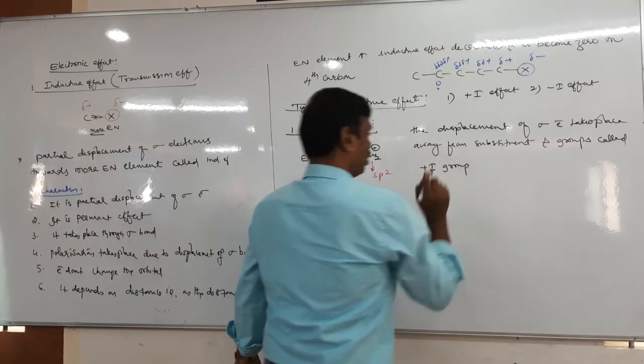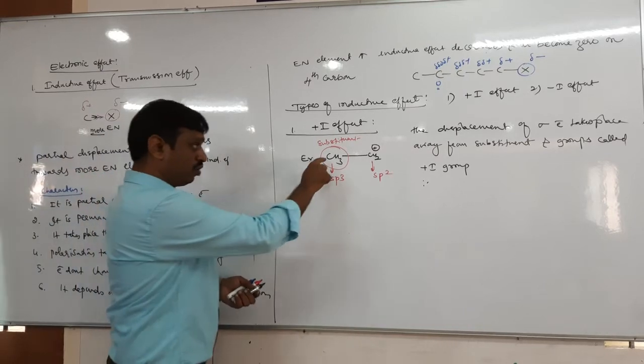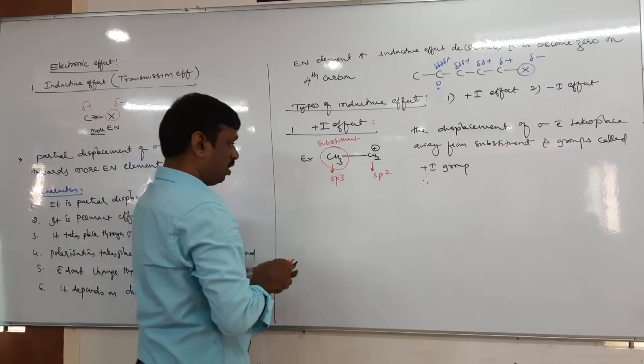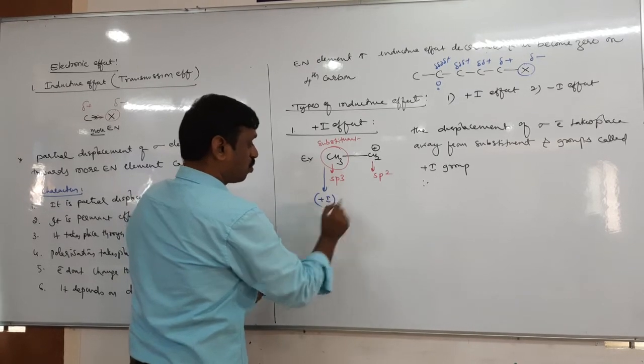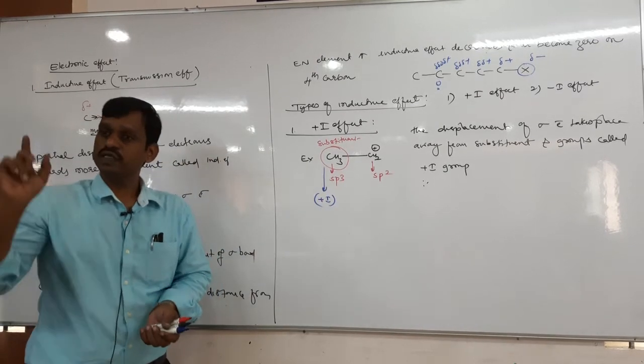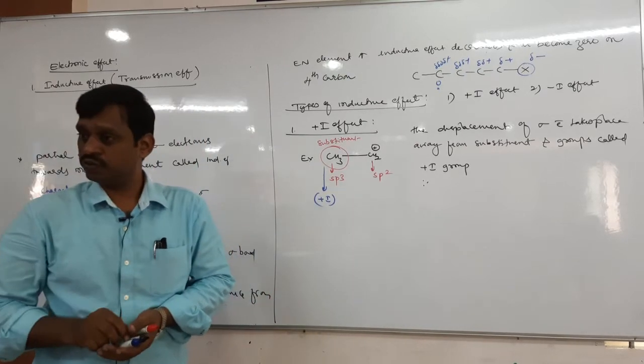Now this methyl is a plus I group. Is it an electron releasing group or electron withdrawing group? So remember, plus I groups are always electron releasing groups.